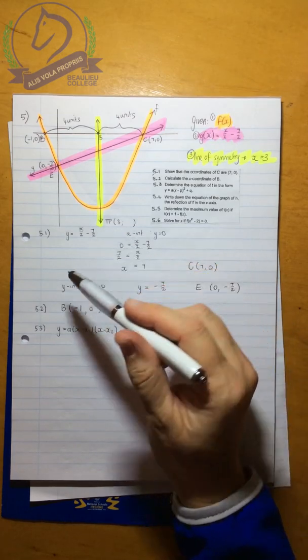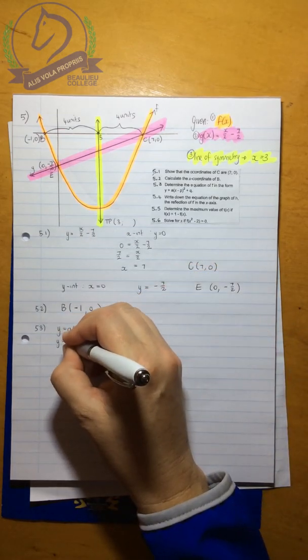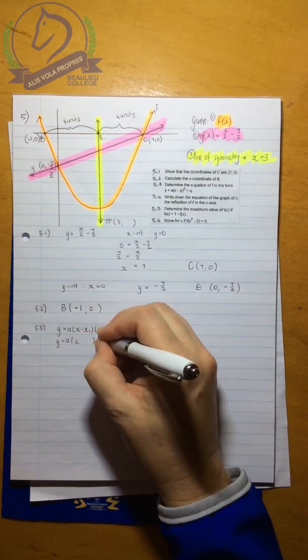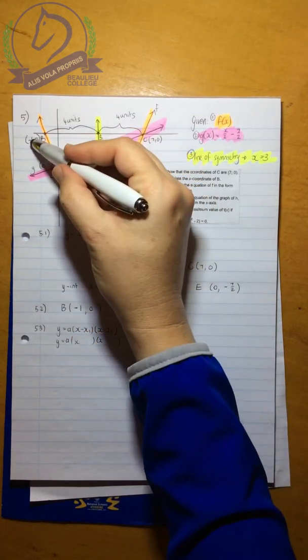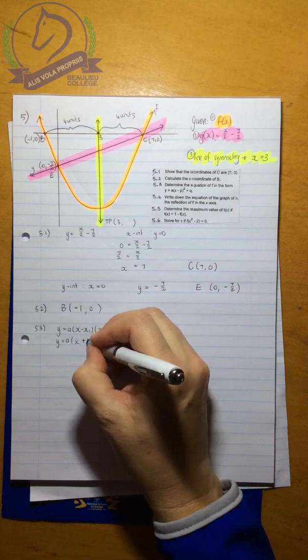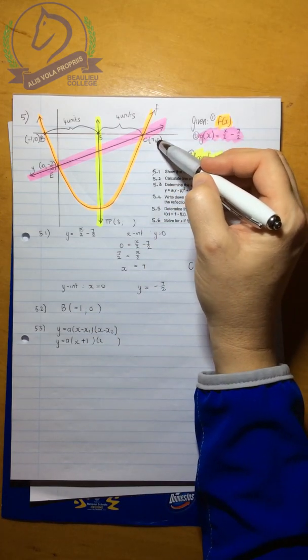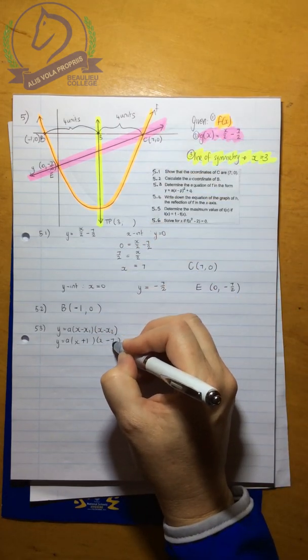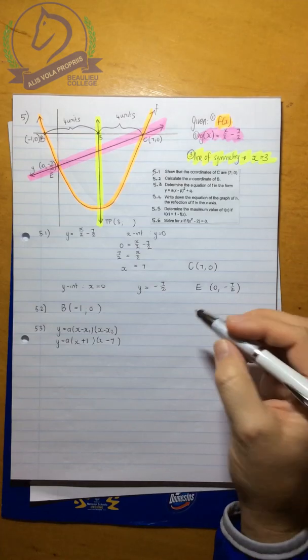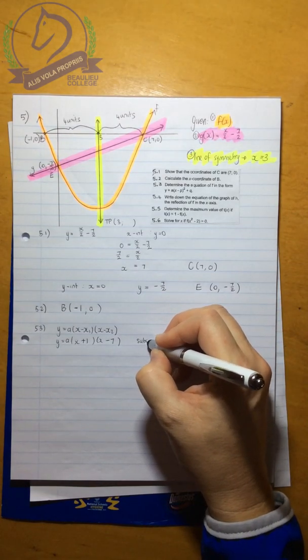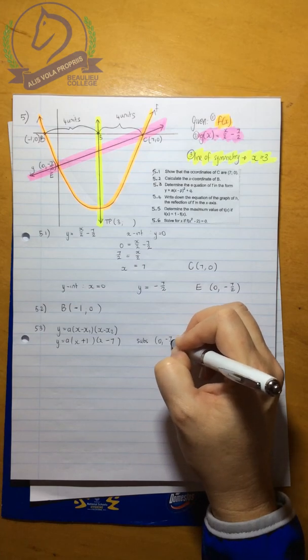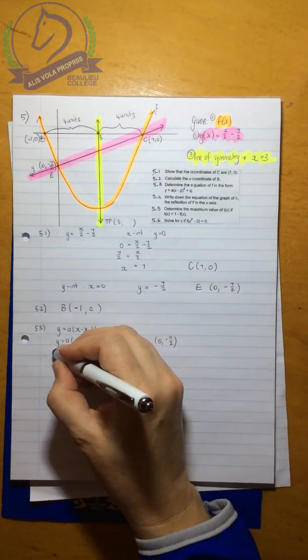Because in there, I know, first of all, I have 2 x-intercepts. So one is at minus 1, so I had to have plus 1. The other is at 7, which means it had to be minus 7 inside. Then I have my y-intercept, which is 0 and minus 7 over 2.